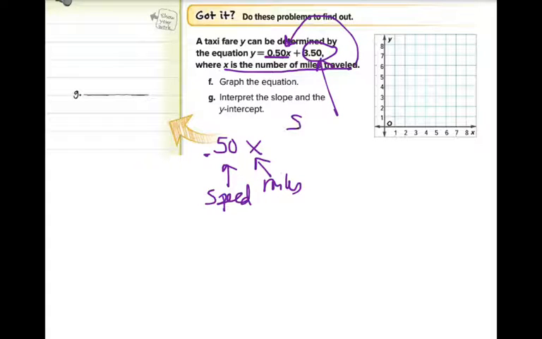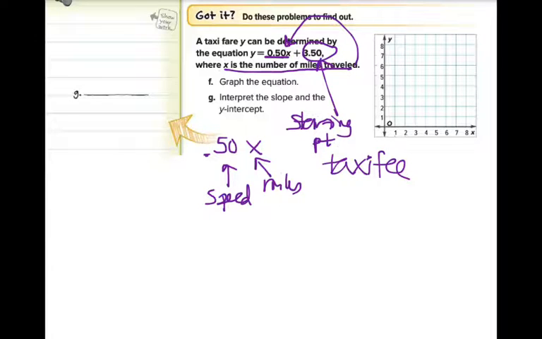That's going to be my starting point. So if it's half of a whatever per mile. Okay. Oh, taxi fare. It's a price per mile. It's not my speed. I'm sorry. I need to read the question again. 0.50x is the price per mile. 3.50 is the starting point. So this would be like the taxi fee.